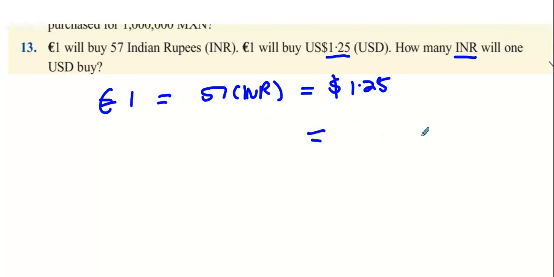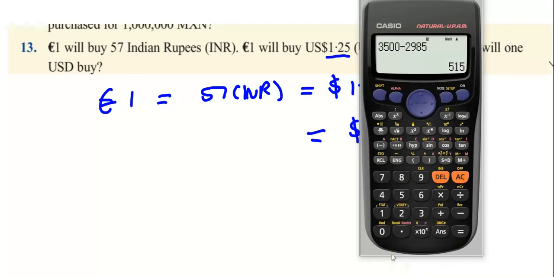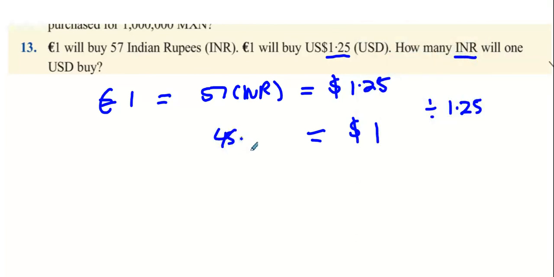Divide both sides by 1.25, so 1.25 divided by 1.25 is $1, and 57 divided by 1.25 is 45.6 Indian rupees for $1.